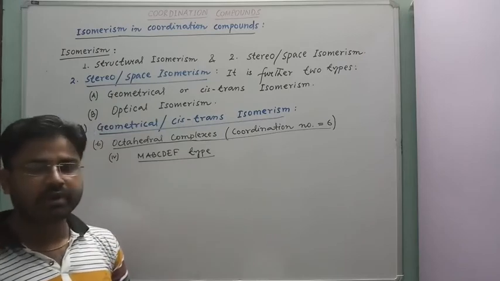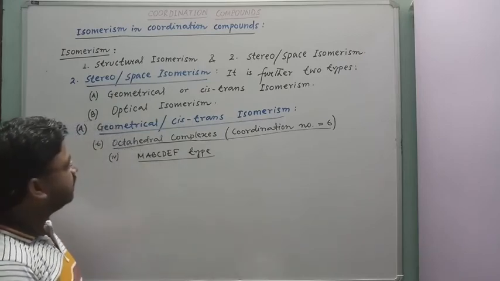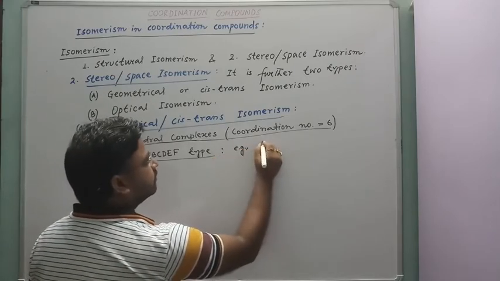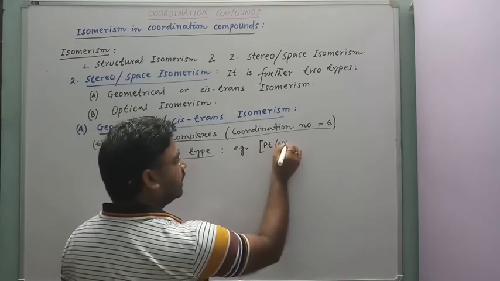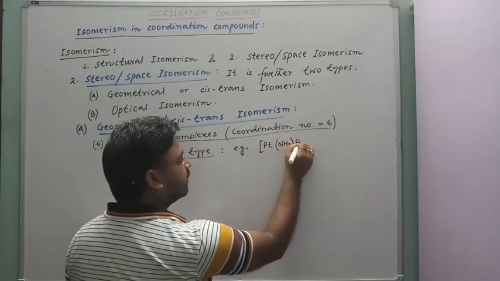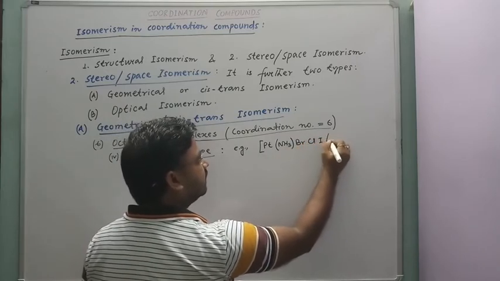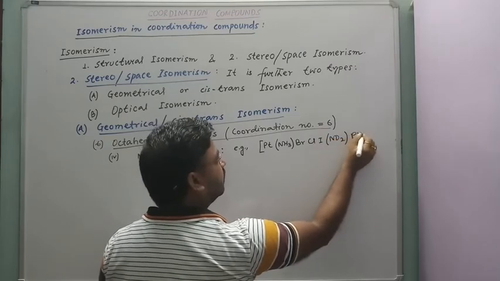So this kind of compound can give 15 different isomers. One example of this type of compound is platinum, the central atom, with NH3, Br, Cl, I, NO2, Py.